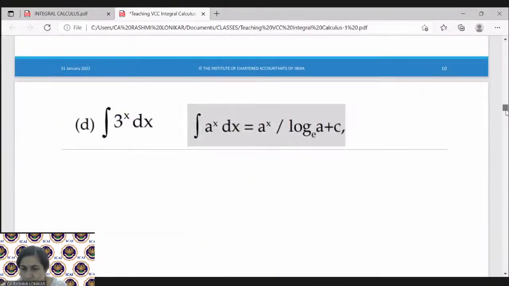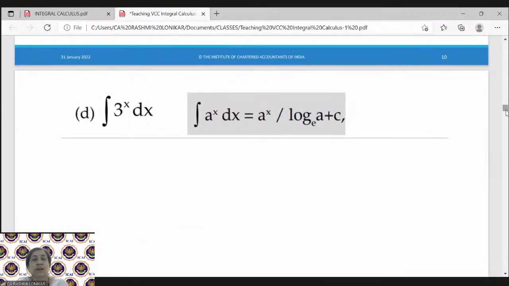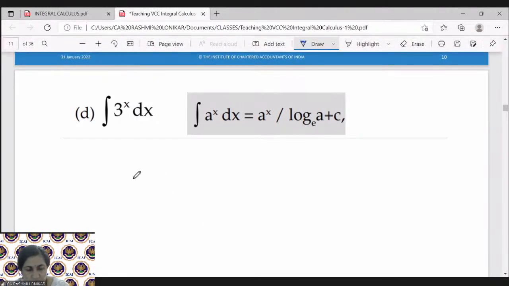Next sum we are doing is integration of 3 raised to x dx. Okay, so which formula am I using here? I am using the formula integration of a raised to x dx is equal to a raised to x upon log a to the base e plus c. So here what do I have? a is how much? 3, right?